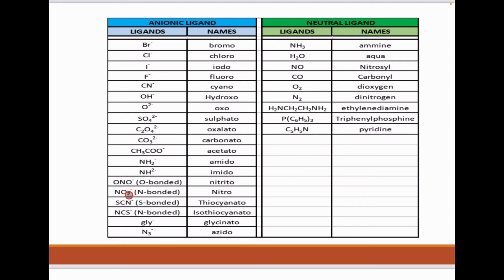If NO2 negative one is N bonded, this is nitro. For SCN, S bonded is thiocyanato, and N bonded is isothiocyanato. This one has the negative one.